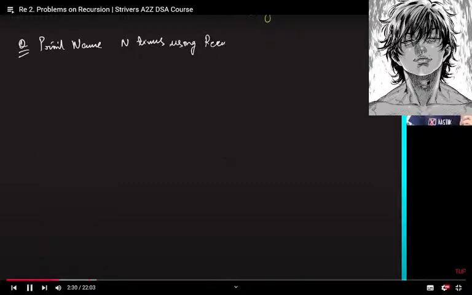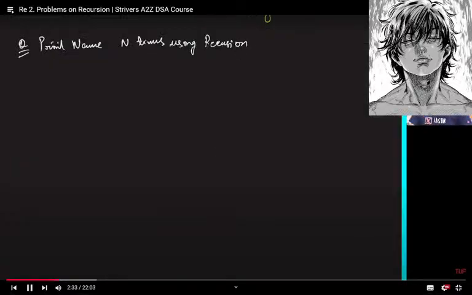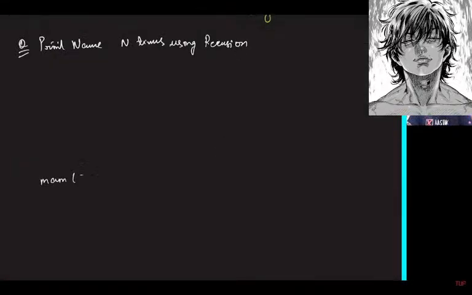How can you do this with recursion? There will definitely be a main which will be calling print. I'm saying n times.